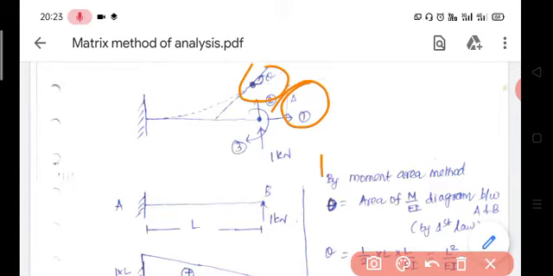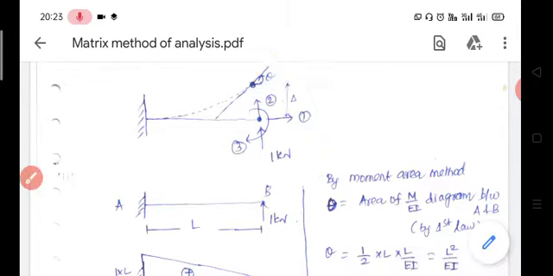So this is the moment thing, therefore we have to measure the rotation. So how to measure this delta and theta? It is measured from any of the deflection and slope measuring methods.